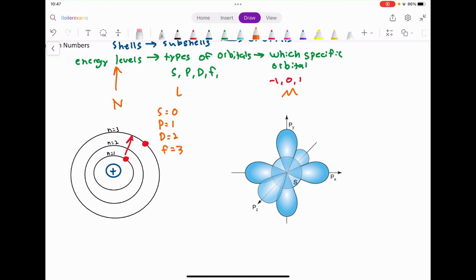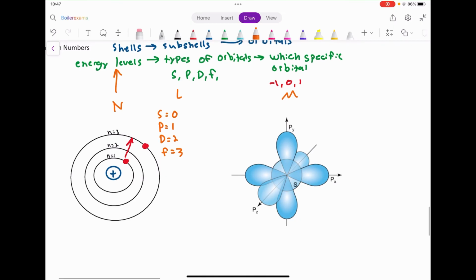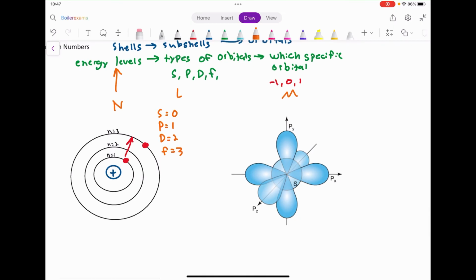And then M, we know that you add 2 more orbitals every time you go down this direction. So S has 1 orbital, P has 3, D has 5, and F has 7. So let me create a graph like this.